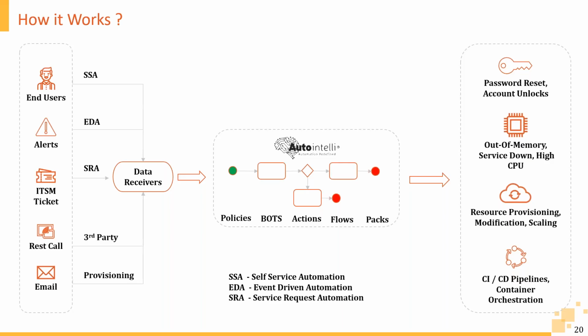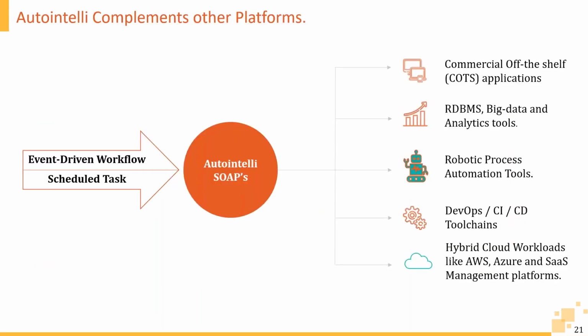Some of the samples that have been put in are password reset, out of memory, service down, CPU and memory issues, CI/CD pipelines, and containerization issues. There can be a lot of issues that come in, which are a combination of your service requests and your incident management. All of those can be handled through our engine. So these are some of the things that can be done using our platform.